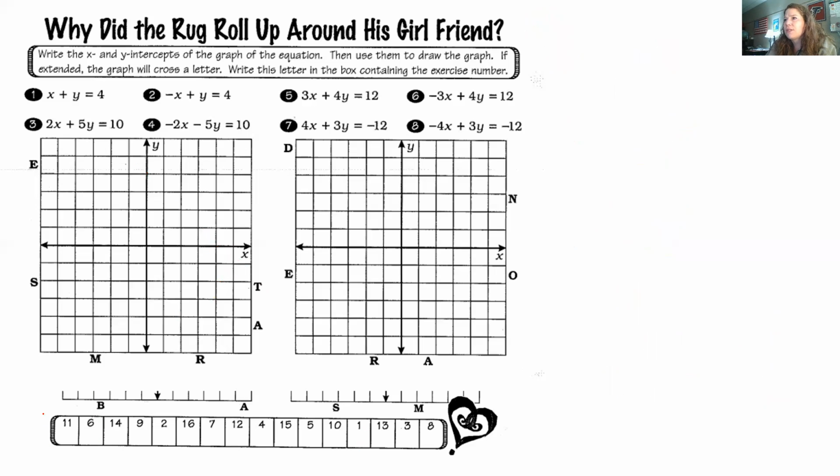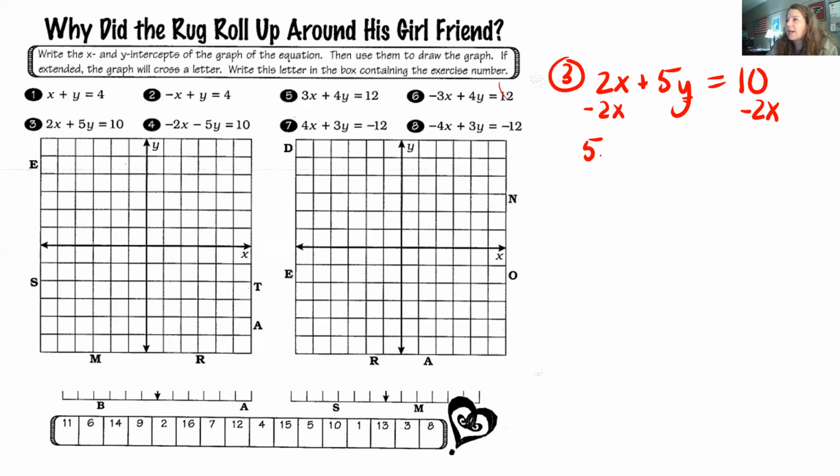Let's do number 3. I'm going to solve it first by putting it in slope-intercept form, which simply means to solve for y. So I'm going to get rid of positive 2x. The only way to get rid of a positive 2x is to subtract 2x.